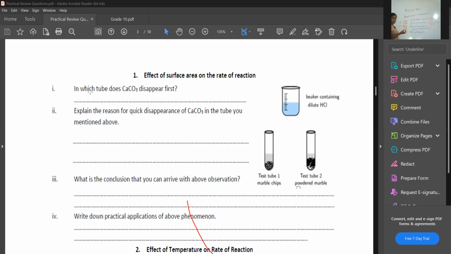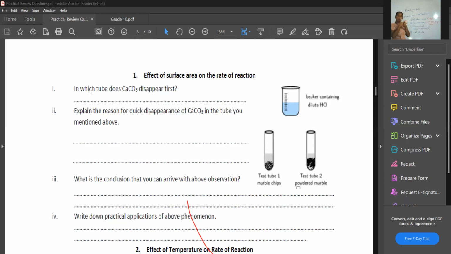If the concentration is high, the number of reactant particles in a unit volume is high. So if there are more reactants in a unit volume, the number of collisions again increases, because they are very close to each other now.